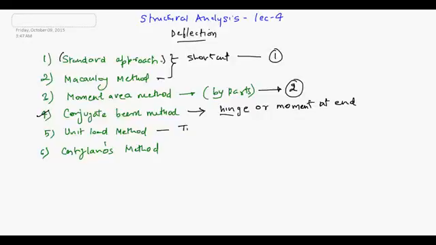Unit load you will use for trusses, and also for frames. Castigliano is used for frames. So this is how the methods are. You have 6 methods, and we are going to cover all of them, but you have to pick the method you are most comfortable with and use that in the exam.